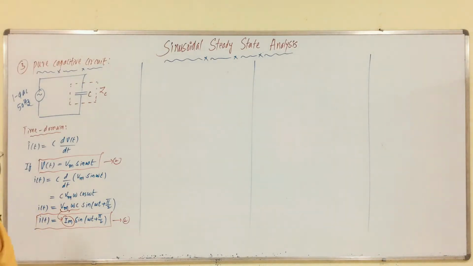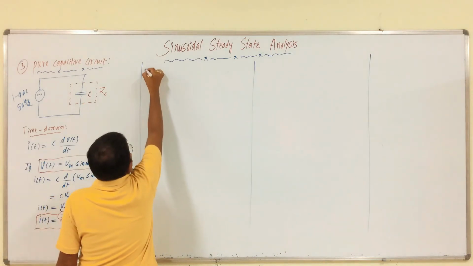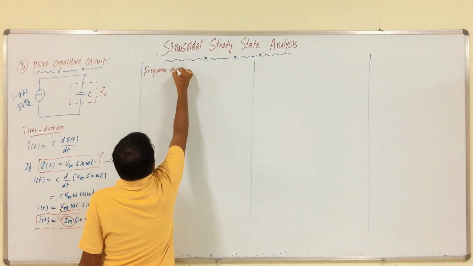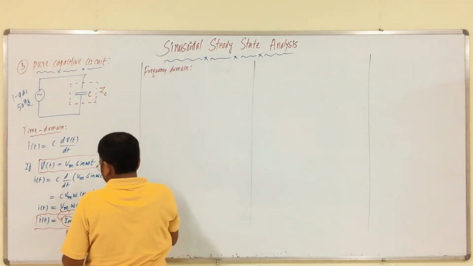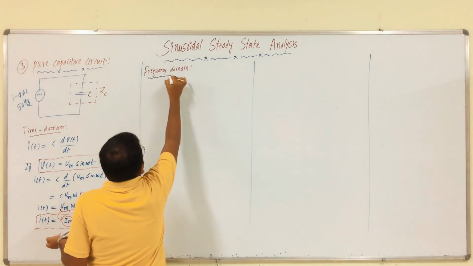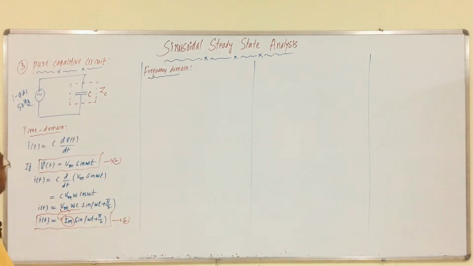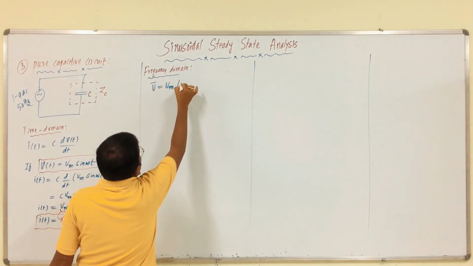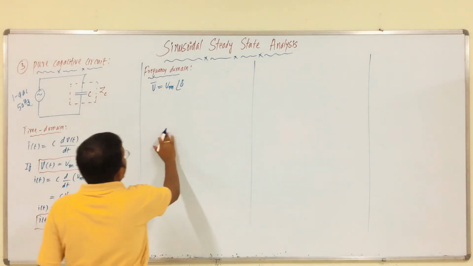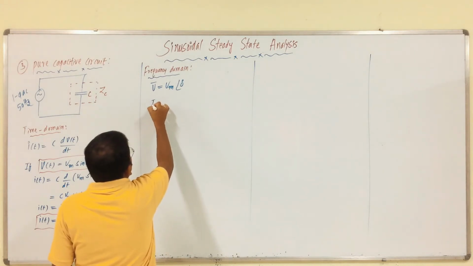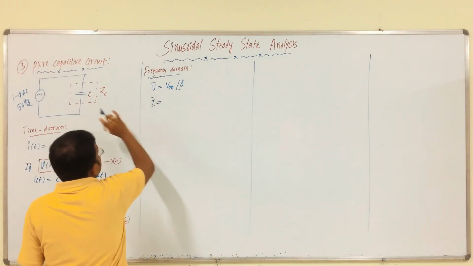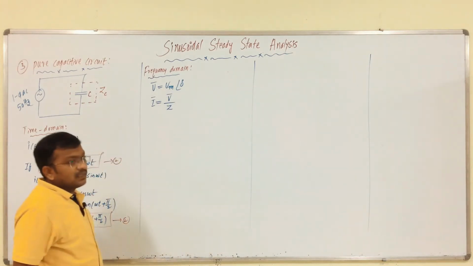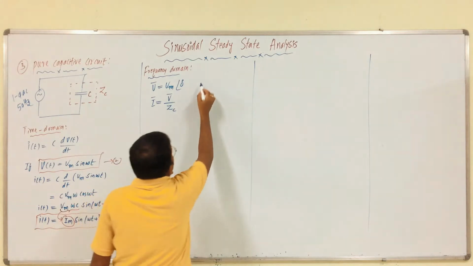Okay, so coming to the frequency domain. Here we have first V, which is Vm or Vrms, at an angle 0. Like that we have to get the current. Here we have ZC, so the voltage divided by impedance, right?